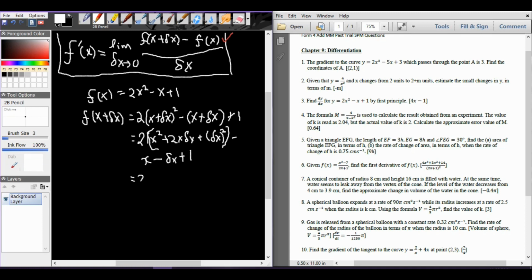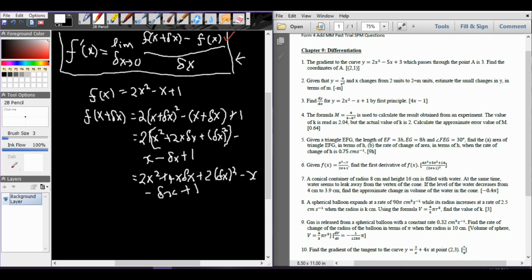So the equation will be 2x squared plus 4x delta x plus 2 delta x squared minus x minus delta x plus 1.